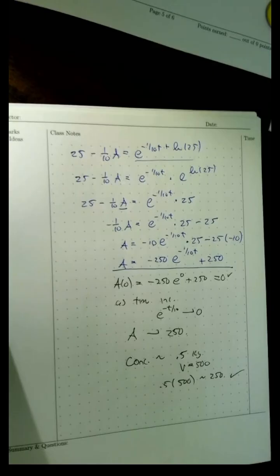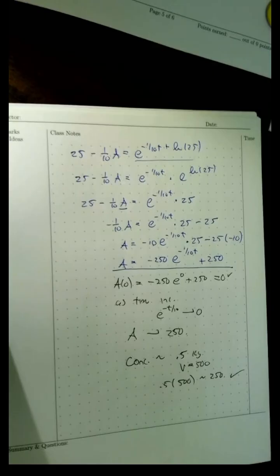So what do I have? I have now that minus 10 log of 25 minus 1/10 A equals t minus 10 log of 25. And my goal is to solve this for A. So let's divide both sides by minus 10. I'm going to get minus 1/10 t plus log of 25.